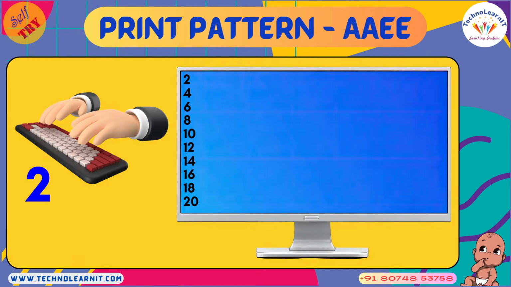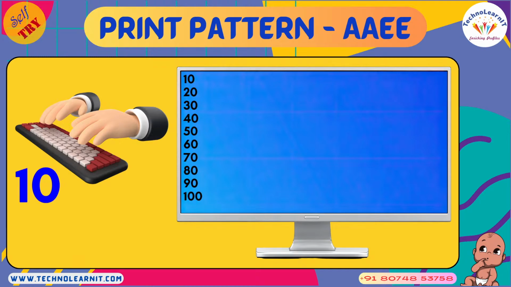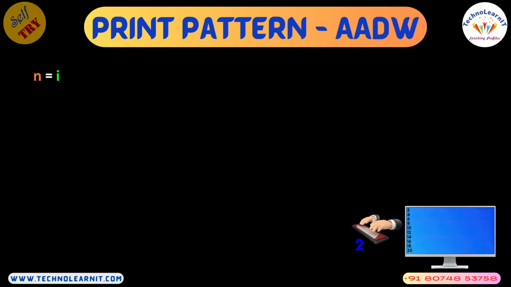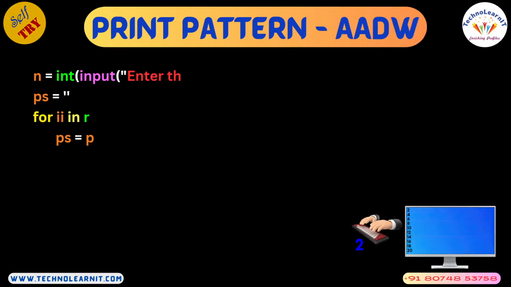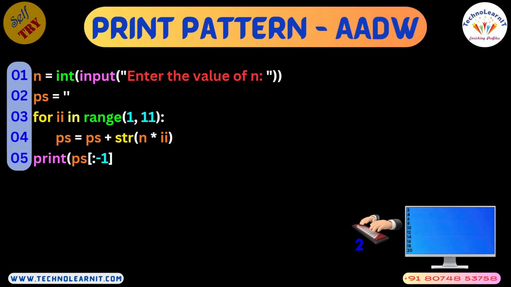Quite simple, no? By now you should be able to do this on your own. Input is 5. This is expected output. Again, first 10 multiples, but produced on different lines. That's the only difference. Excellent. I'm not going to spend much time on this because you already know how to achieve this.